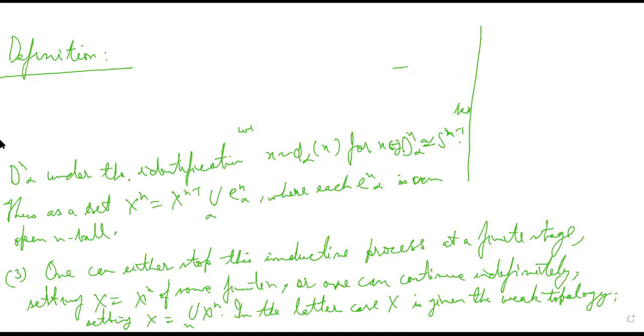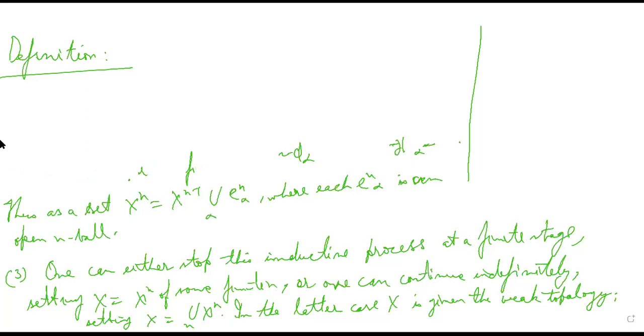So what is that weak topology? One can continue indefinitely constructing X1, X2, X3, and so on, Xn, right? And then one can define X to be the union of these Xn's, and one can topologize this X by the weak topology.